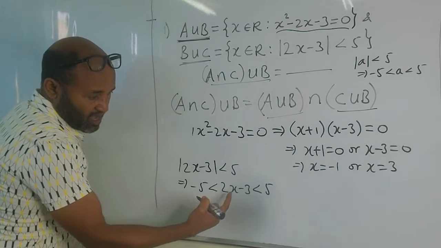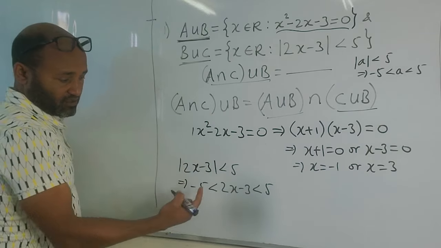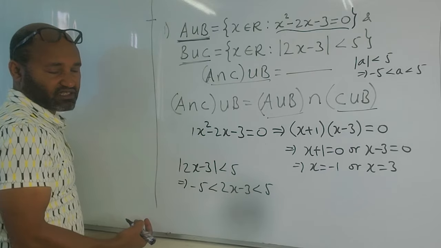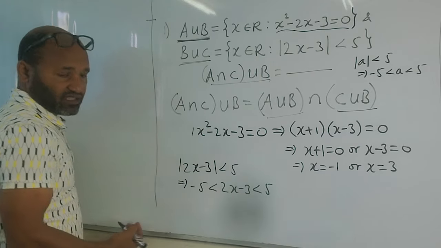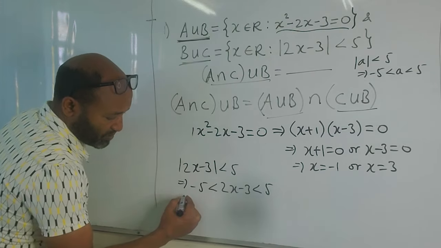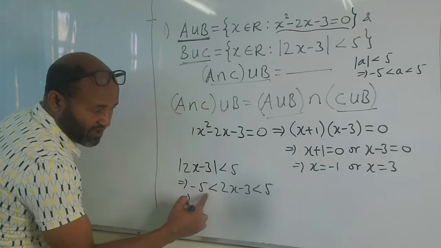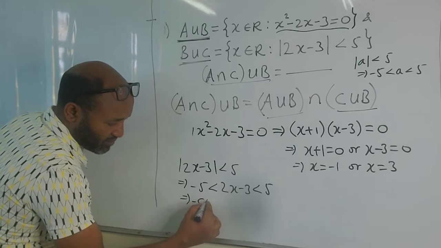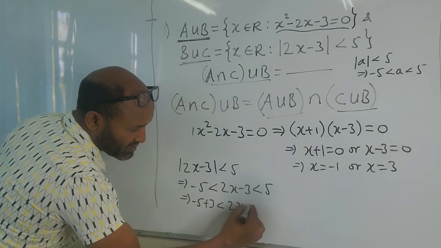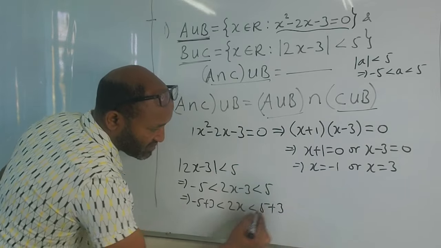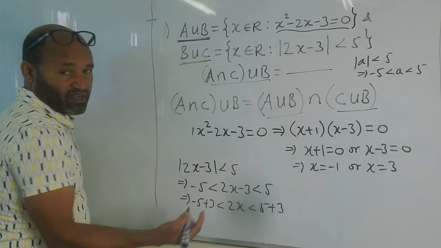Then add 3 to both sides, all the three sides. When we add 3 in all terms, it will give us minus 5 plus 3 less than 2x less than 5 plus 3. Minus 3 plus 3 will be 0.